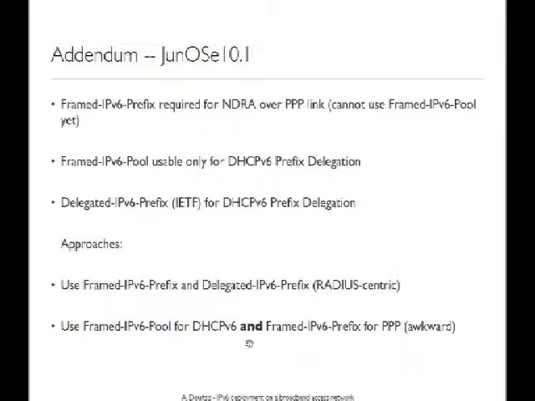The second approach, which is quite awkward, is to use the framed IPv6 pool to make DHCP prefix delegation work, and then use the framed IPv6 prefix for the PPP connection. And this is quite awkward. Why?